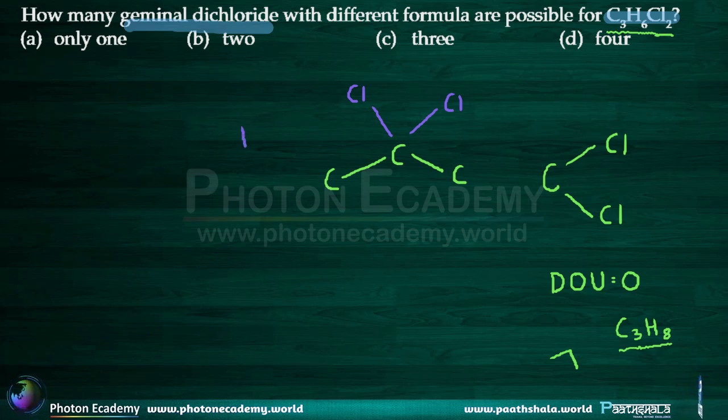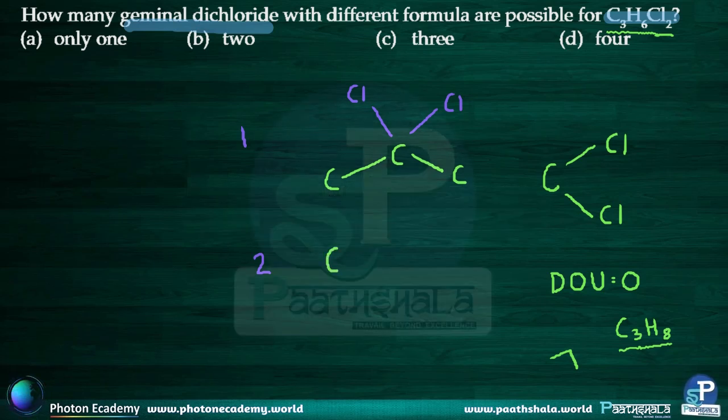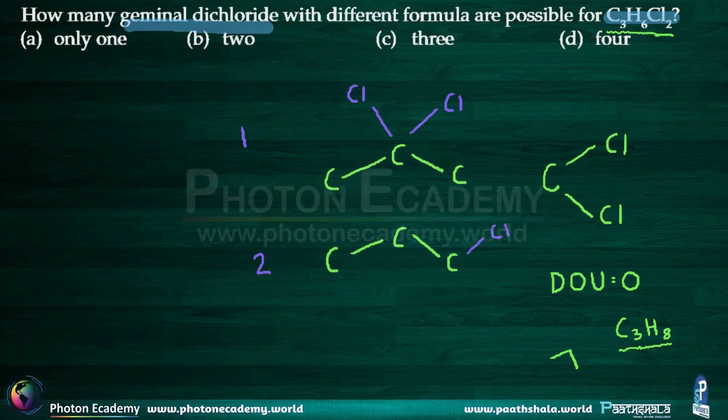I will get one more compound. I make the same carbon skeleton for this compound as well, and in this case the chlorine atoms can be linked like this.